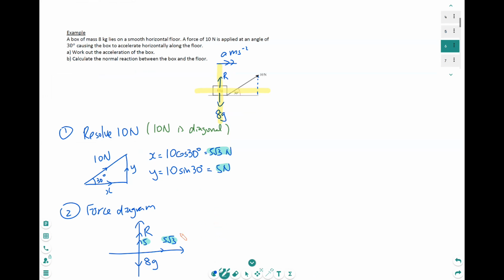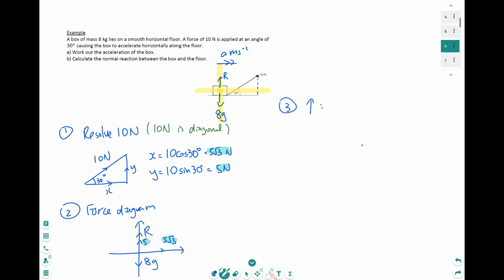Next, to work out 5/5, what we'll do first of all is the acceleration of the box. Third step, acceleration. Now, if we look at just vertically, on the y direction, there's no acceleration, right?